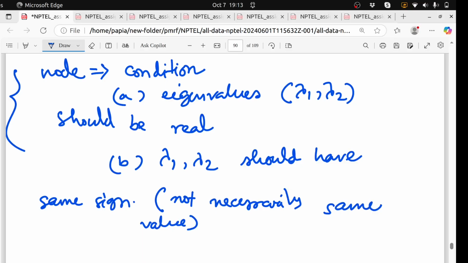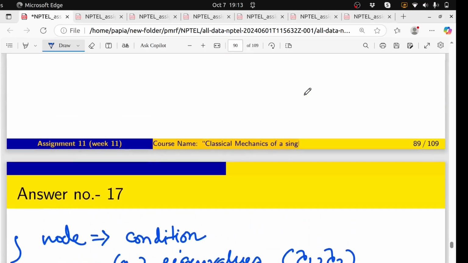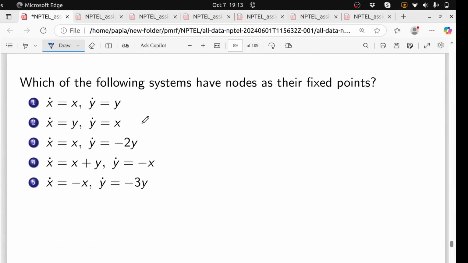Okay. So these two conditions should be satisfied for a node. Eigenvalues should be real and eigenvalues should have the same sign. Okay. So based on these two conditions, we need to check these equations.